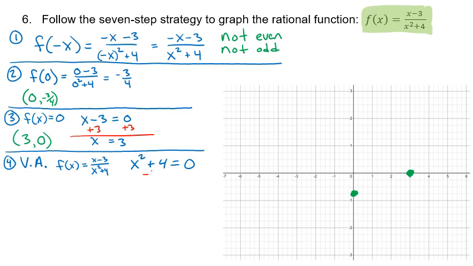But if we actually go through the motions and try to solve for x, we quickly see x squared is equal to negative 4. Now you try to take the square root of both sides, and you're taking the square root of a negative number, so you get plus or minus 2i. So the result here is there are no vertical asymptotes.